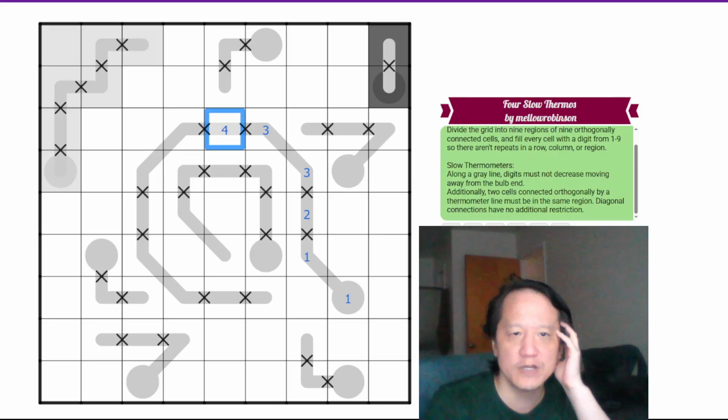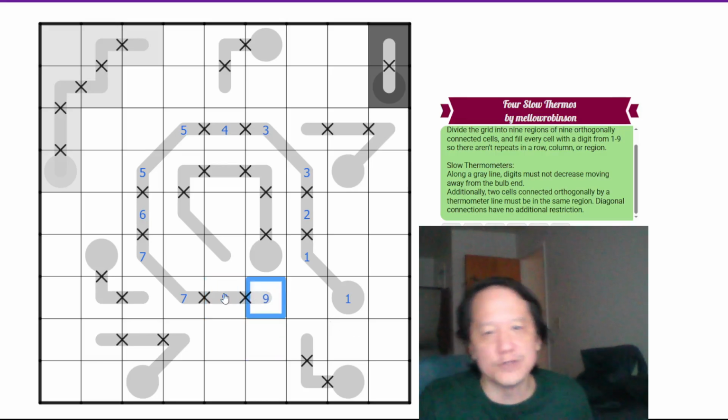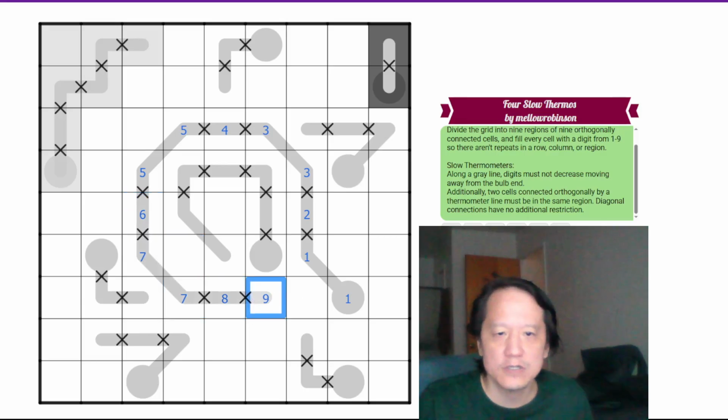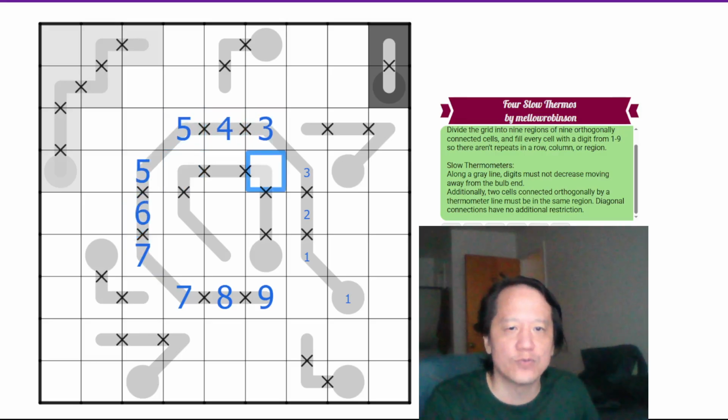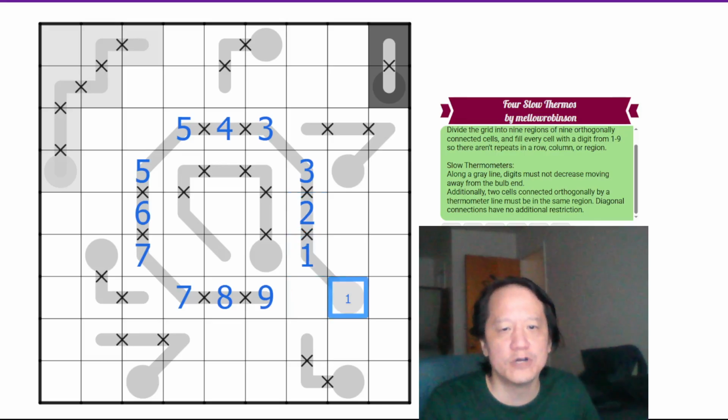This could be 3, 4, 5, 5, 6, 7, 7, 8, 9. And therefore, these have to be those digits. So this must be 9, 8, 7, 7, 6, 5, 5, 4, 3, and 3, 2, 1 here. And that's 1 there.